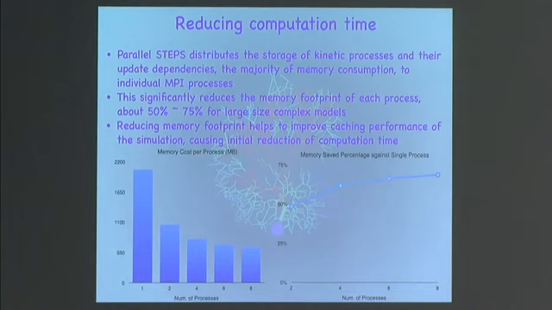So just decreasing the model size on each of these different processes. And so this is the decrease in memory use per processor as we go from a single to more processors. We see this initially very sharp drop, and that explains this initial very strong increase in speed.